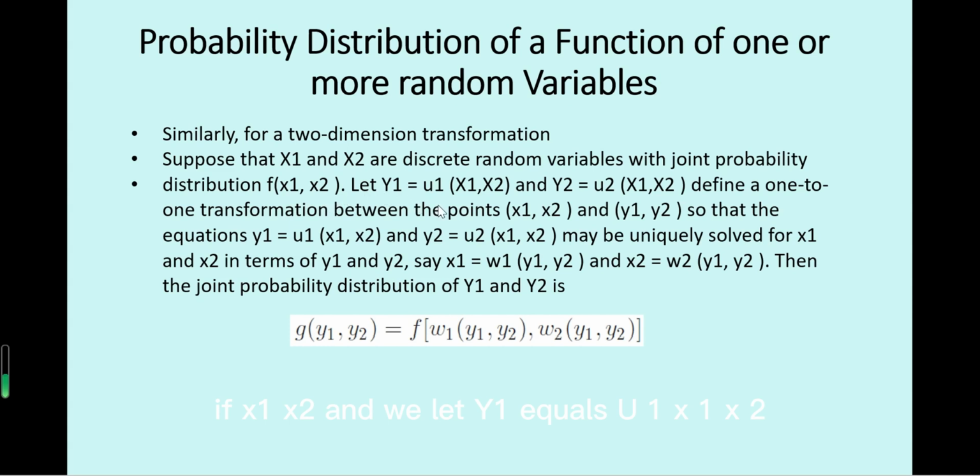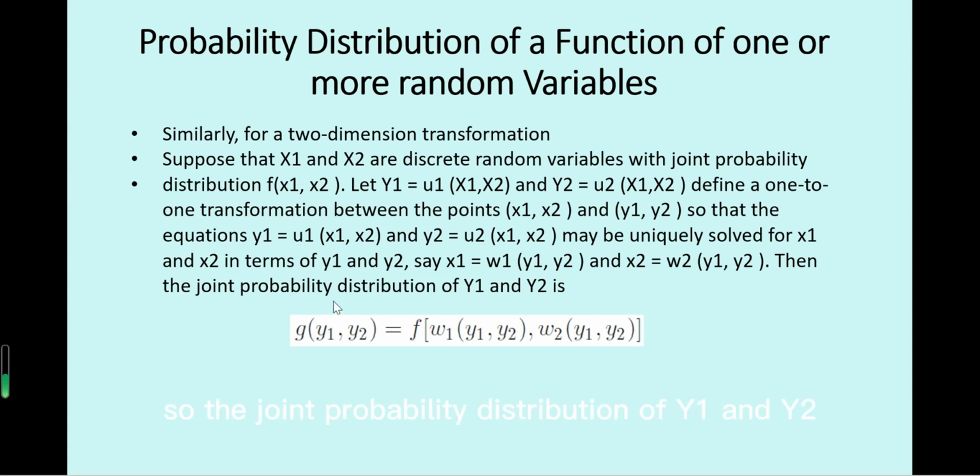Let y1 = u1(x1, x2) and y2 = u2(x1, x2) define a one-to-one transformation between the points (x1, x2) and (y1, y2), so that the equations may be uniquely solved for x1 and x2 in terms of y1 and y2. So x1 = w1(y1, y2) and x2 = w2(y1, y2).